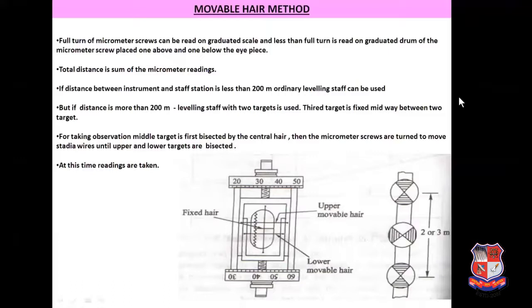For taking the observations, the middle target is first bisected by the central crosshair, and then micrometer screws are turned to move the stadia wires until the upper target is bisected by the upper movable hair and the lower target is bisected by the lower movable hair. When this situation is achieved, at this time staff readings are taken.